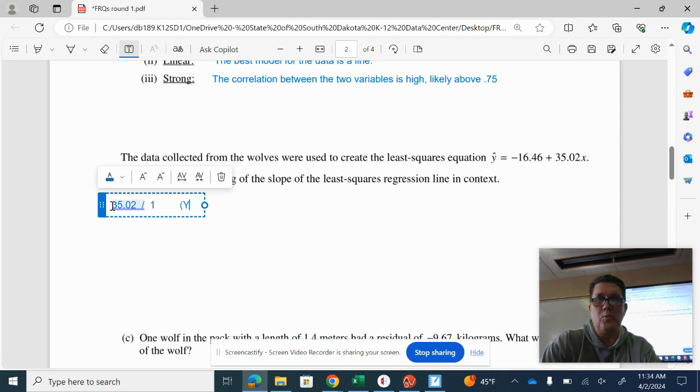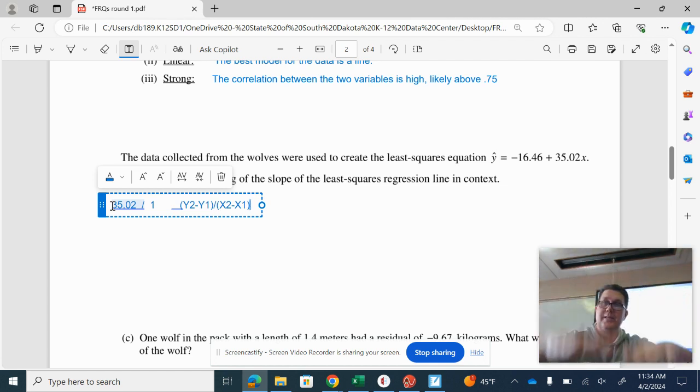Back in Algebra 1, we did y2 minus y1 usually divided by x2 minus x1. I always said it's the yummies over the picnic table. You put your yummies on the picnic table. You don't put your X's on top because the picnic table squishes the yuckies. Then they become yuckies rather than yummies. Okay, so goofy thing to remember that, but it's always y over x.